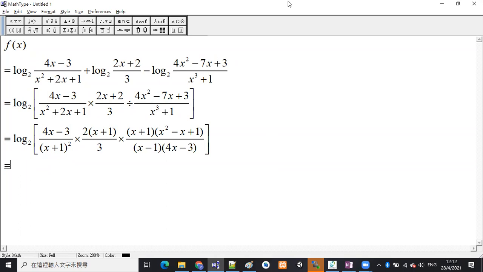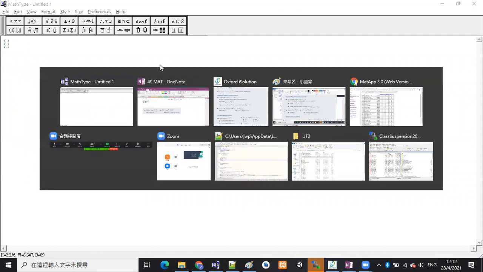Yes. Okay, and then cancelling out the common factors. So what is remaining? x plus 1 is completely cancelled, and then 4x minus 3 is cancelled. So we have 2(x squared minus x plus 1) over 3 times (x minus 1). Okay, so that is the answer of part A.